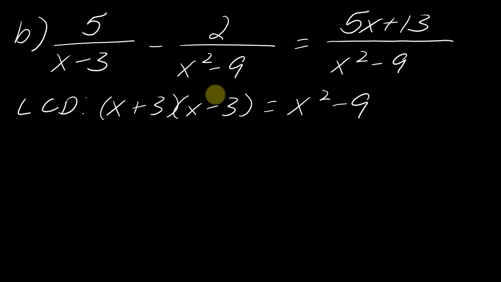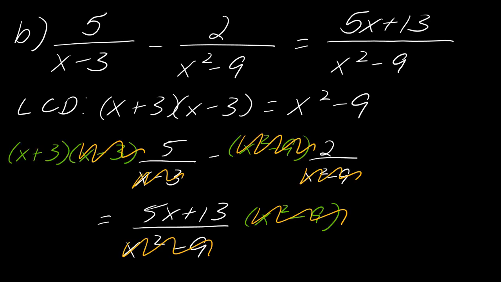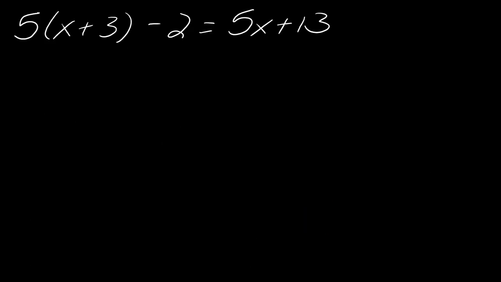So I know that the x minus 3 is going to cancel out. So you could actually just jump to 5 times the x plus 3. And for this, I know that the whole denominator is going to cancel out. Same thing here. So if you're starting to see that, you can actually just state what the LCD is and then make that jump. Or if you're like, no, I'm a visual person, no problem. You can always do all of this work. But either way, you can always jump to this step, is what I'm saying.